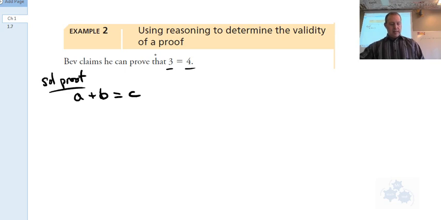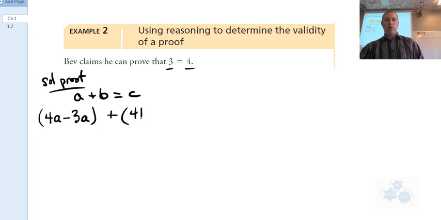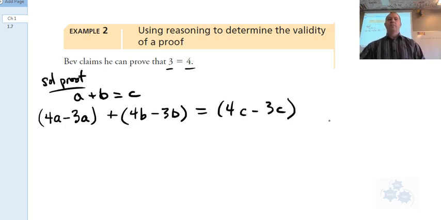So he says that A can be written as 4A minus 3A, plus B can be written as 4B minus 3B, and that is going to equal 4C minus 3C. Now, why he did this, you don't have to understand, but this is part of his proof. So in this proof, I want you to watch for the error.